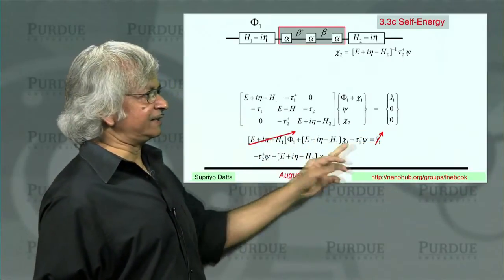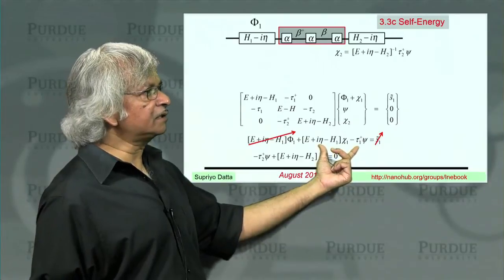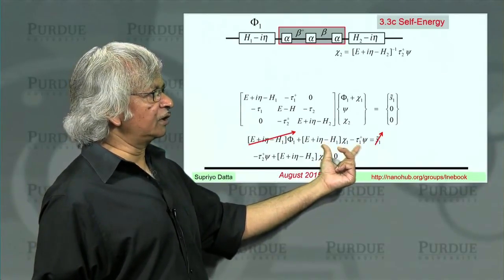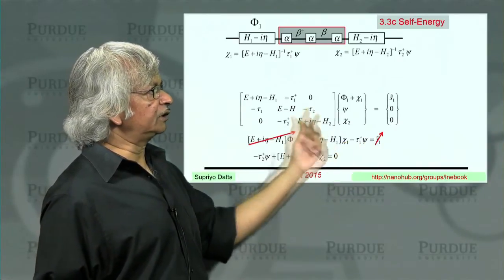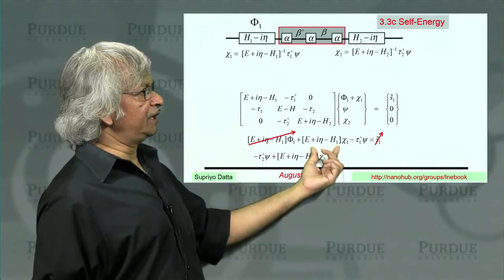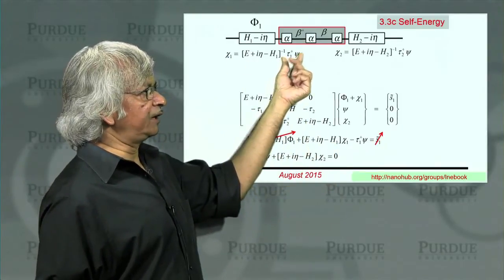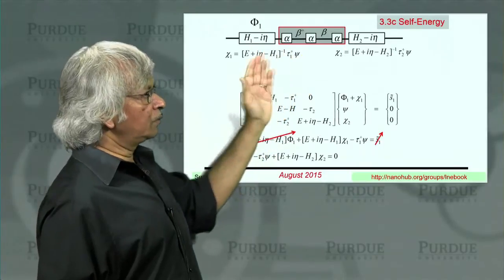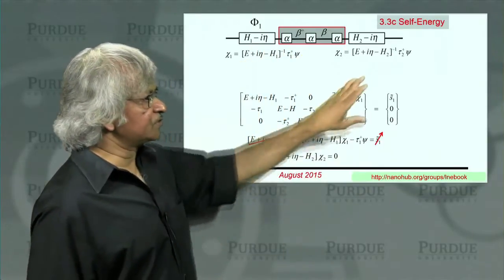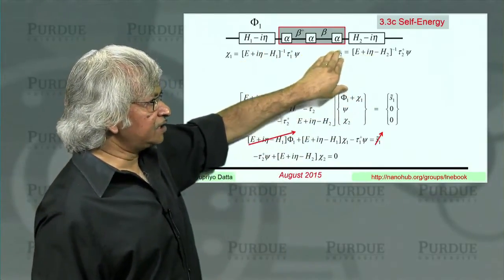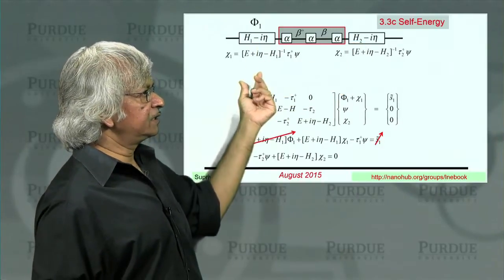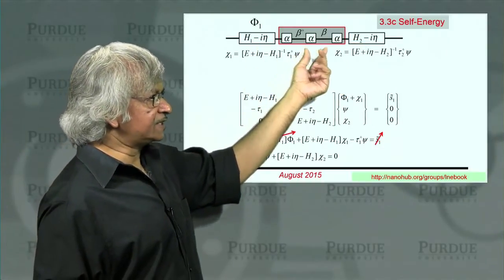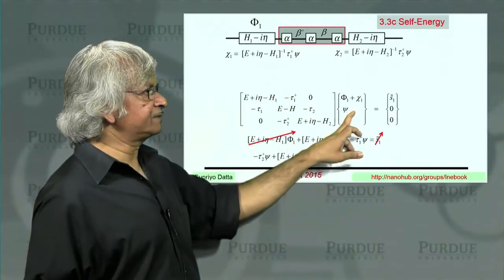So you can cancel that out. What remains is this part. And again you can solve for chi1, and it will look like chi1 is equal to the inverse of this times tau 1 dagger psi. So what you have obtained now is expressions for these additional terms in the contacts, and related them to the psi inside the device.